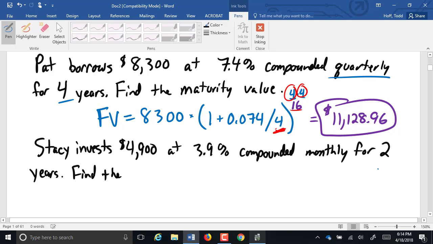Find the amount of compound interest earned.